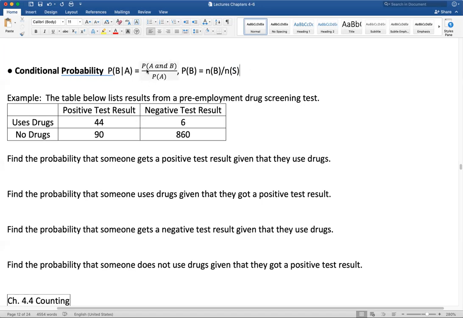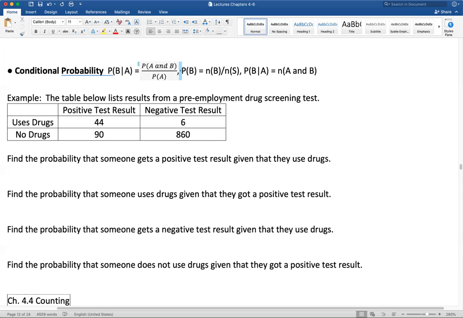Expressing the formula for conditional probability in terms of the number of outcomes, P of B bar A is going to be the number of outcomes in A and B. So we're going to find the number of outcomes belonging to both A and B. They are called common outcomes, right?